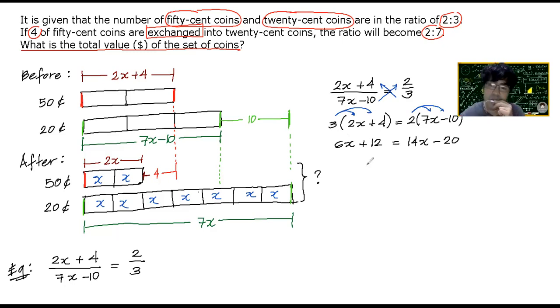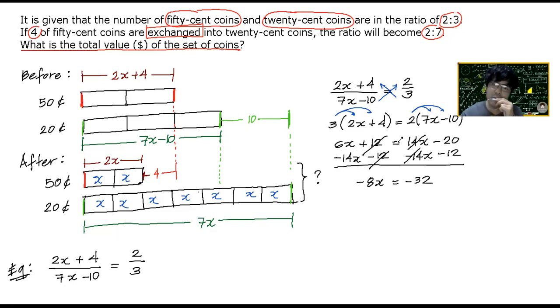Now, you're about to transfer by means of additive inverse the 14x by subtracting both sides by 14x. And do not forget that if you're about to transfer also the positive 12, you have to subtract both sides by 12. What's supposed to be the number here? The number must become negative 8x equals negative 32.